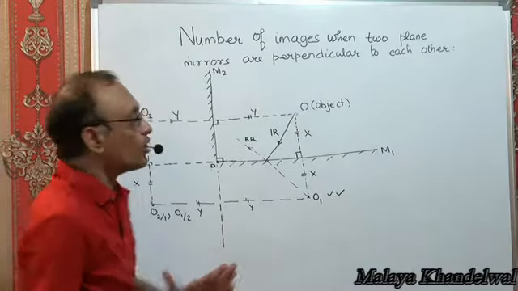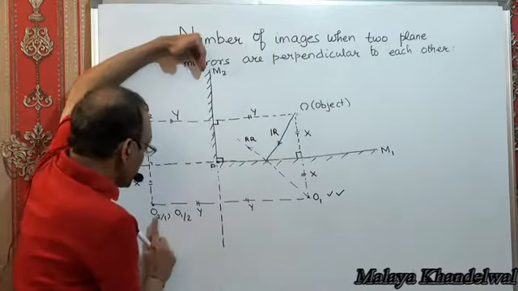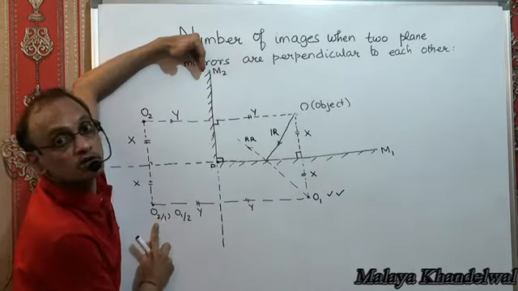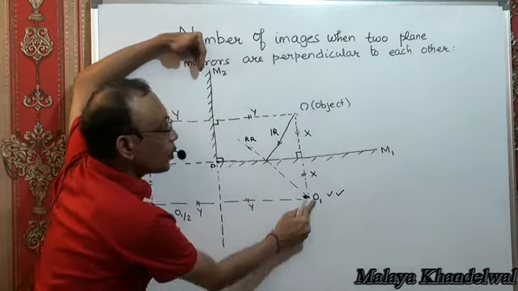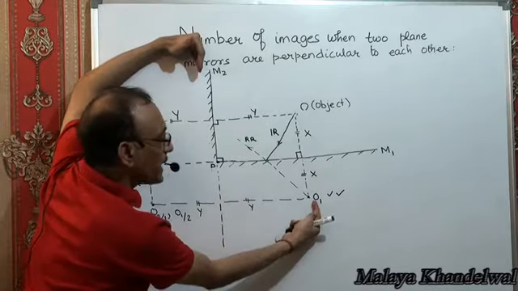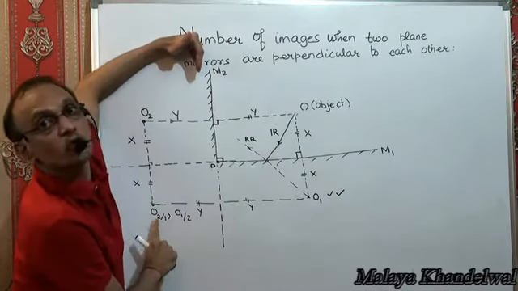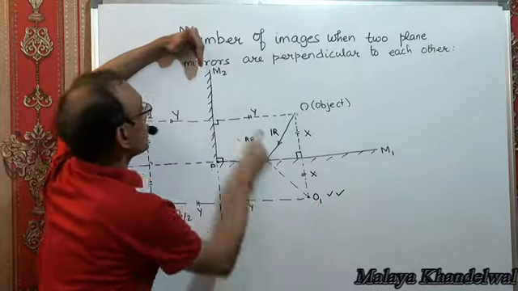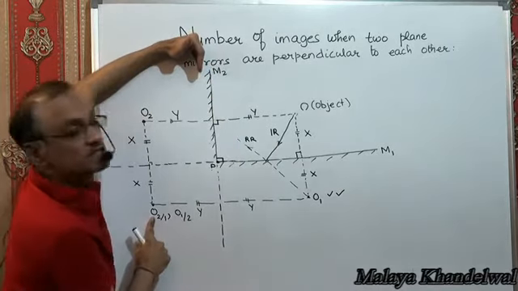So for M2, O1 is an object and its image formed by M2 is going to be O21. O21 is the image formed by M2 because of O1 acting as a virtual object. O1 acts as a virtual object for reflection by M2, and then its image O21 is formed.